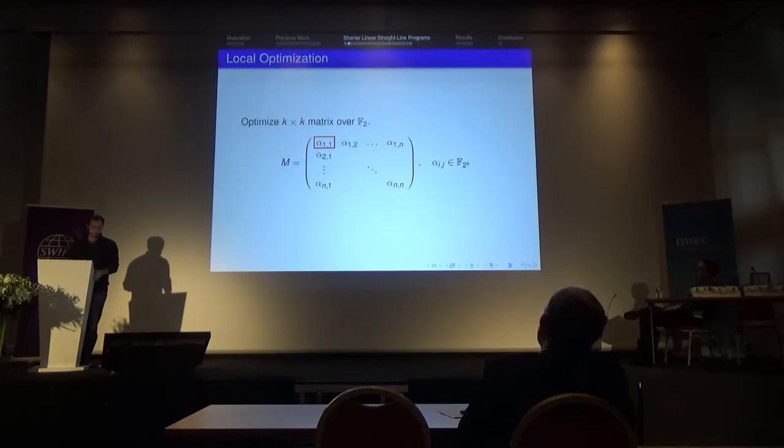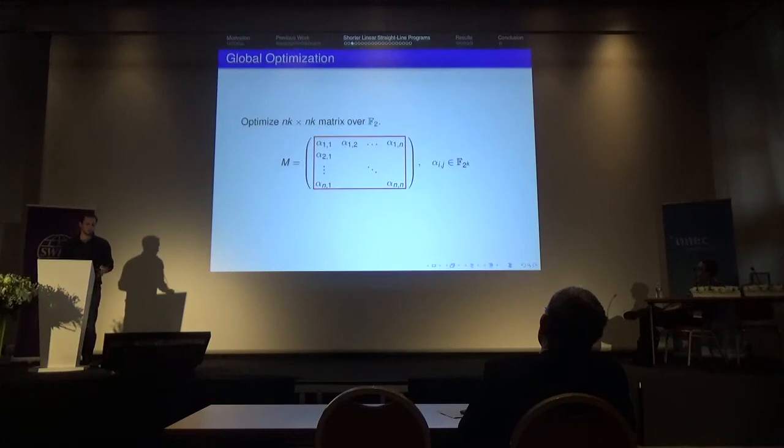But if everything here can be represented as a k times k binary matrix, you can also just represent the whole thing as an nk times nk binary matrix. And why wouldn't we optimize this? Because obviously now we have much more degrees of freedom for optimization. Well, I guess it's probably two reasons.